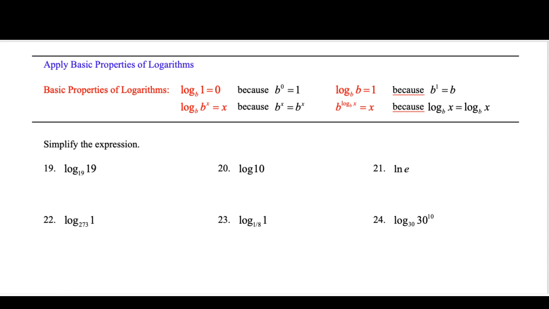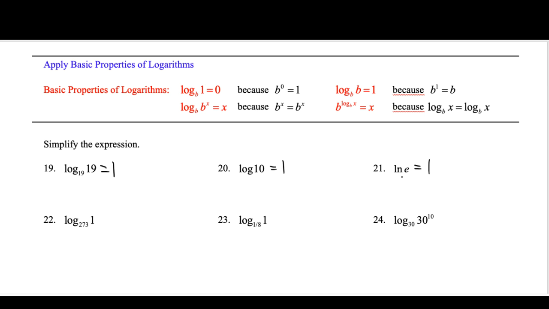If I were to apply some of these expressions, log base 19 of 19, well, this is equal to 1, right, because of this property, because the base and the argument are the same number. Log 10, well, this is equal to 1 as well, because the base is not written in, it's assumed to be 10, right? So this is log base 10 of 10. ln(e), well, this is also equal to 1 because ln is a natural logarithm. It's a logarithm with a base of e, right?